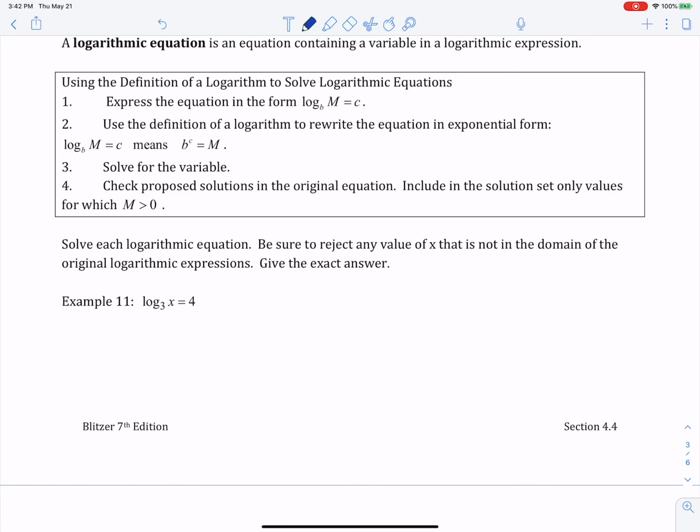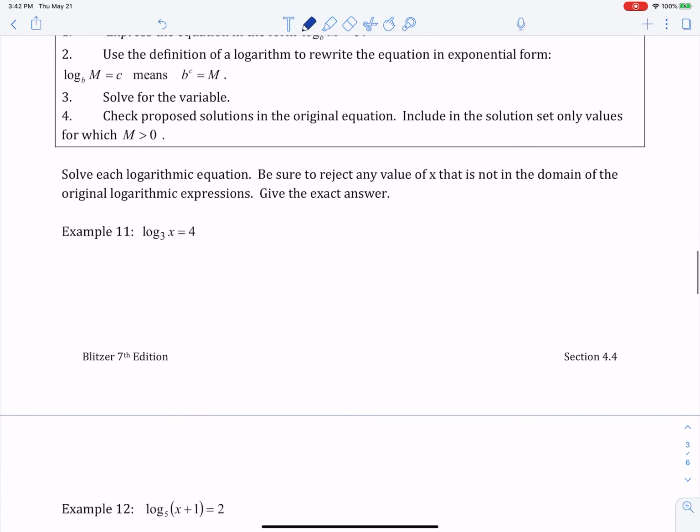So example 11, we're going to think about how this looks in exponential form. We always start from the base. 3 powered by what's across the equal sign is equal to x, so we figure that x is equal to 3 to the 4th, which is 81. So we must check here, not like in the previous cases, where I occasionally check just to see if I've worked correctly.